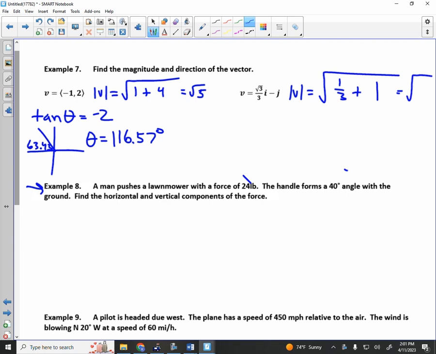So I have the root of 4/3. So I have the square root of 4 is 2, and the square root of the bottom is the root of 3. Multiply the top and bottom by the root of 3, and I get 2 roots of 3 over 3. Good?